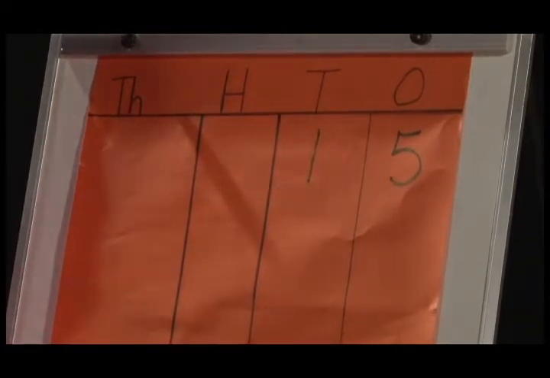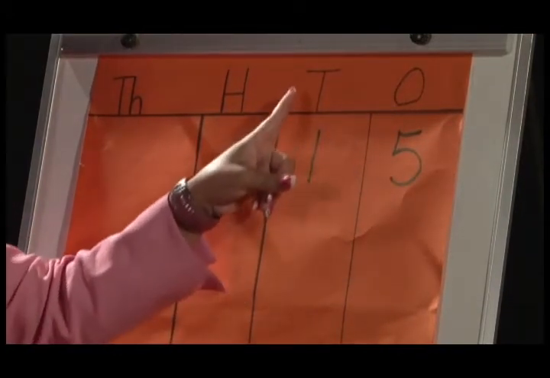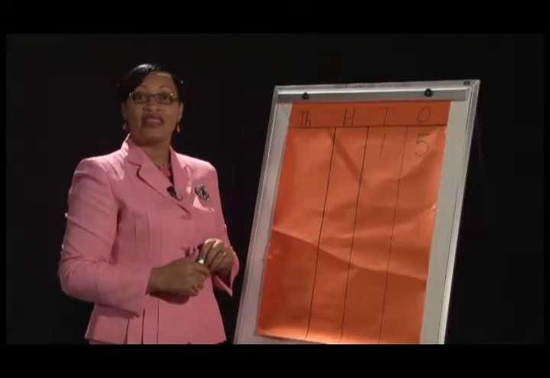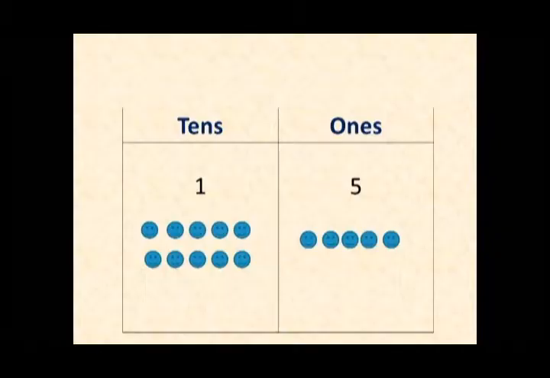So in all here, it shows us that we have 5 ones and 1 group of 10. That would represent Matthew's 15 marbles. Here is another representation of the 15 marbles, showing tens and ones, 5 ones and 1 group of 10.